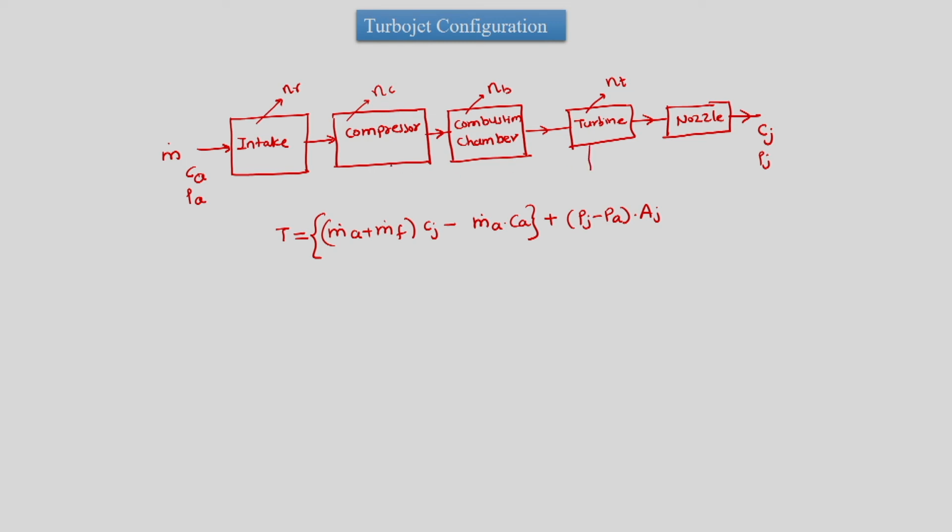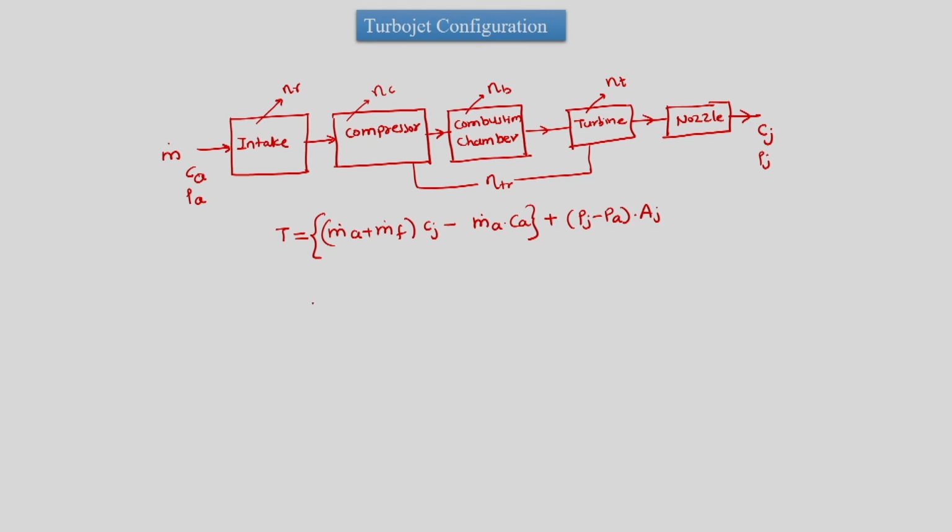There is one more efficiency: the turbine and compressor are connected with each other, and that efficiency is called transmission efficiency, where the power generated from the turbine is given to the compressor and some of the power is lost. So we have to give extra power to account for the transmission loss.